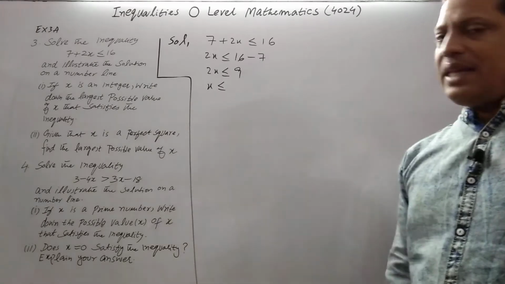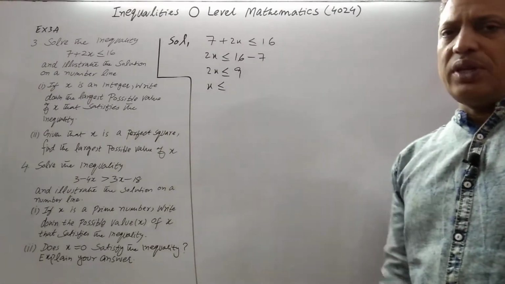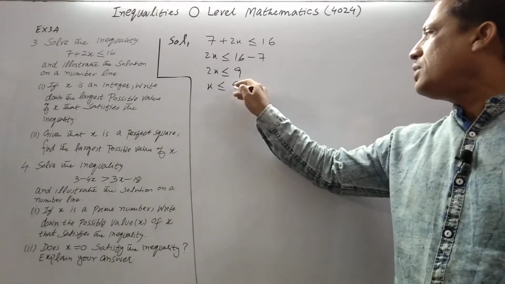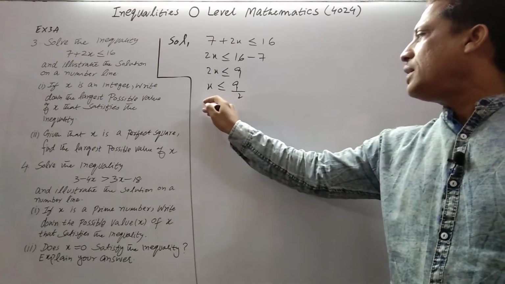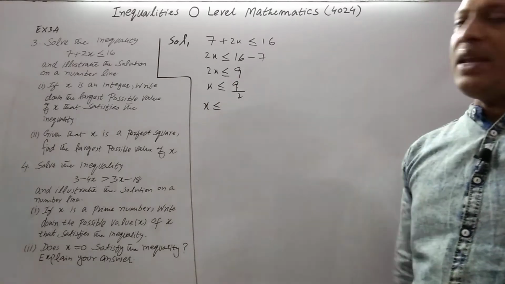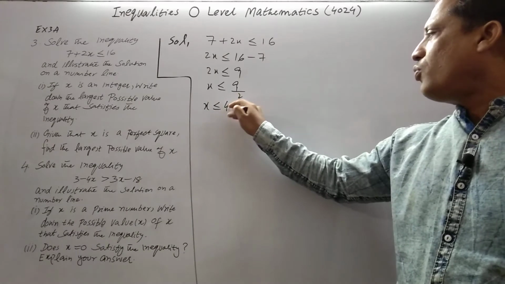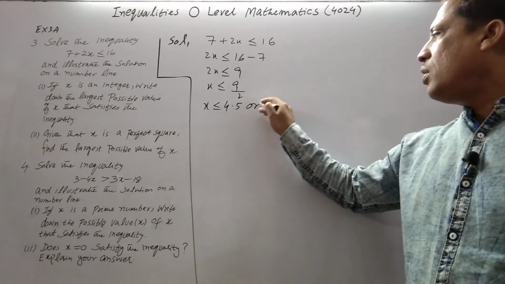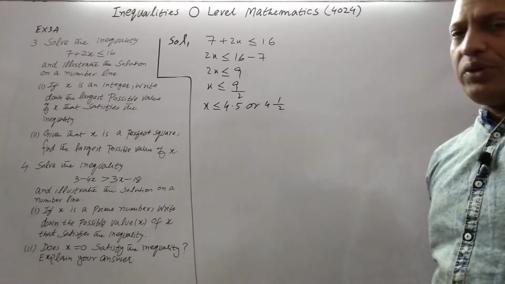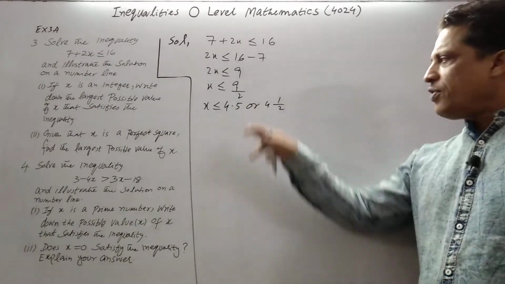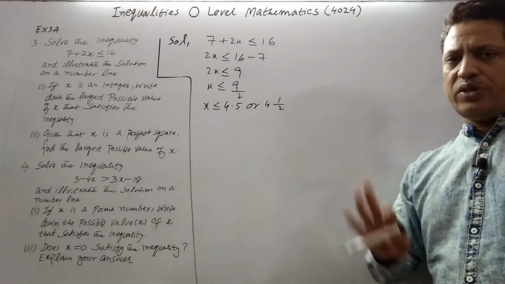And x less than or equal to, this 2 is multiplied over here, so it should divide on the other side. So 9 over 2 can be written as 4.5 or 4 whole 1 upon 2. Both are the same. If you write this or you write this, no issue.